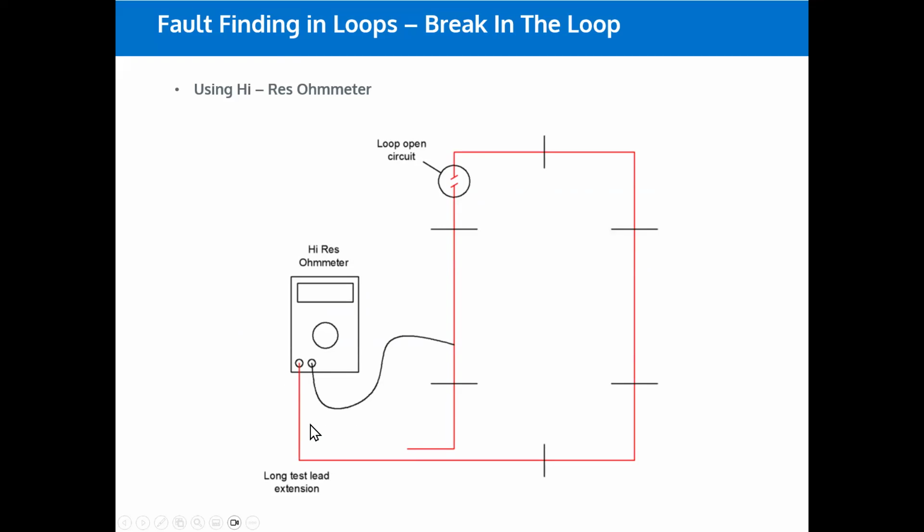Let's examine the circuit first. We've got the perimeter loop here, and we can see that we've got a break in the loop at this particular location.